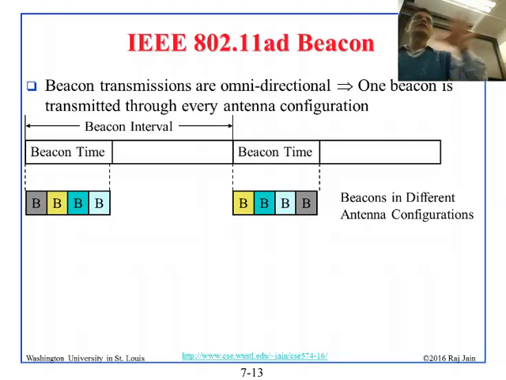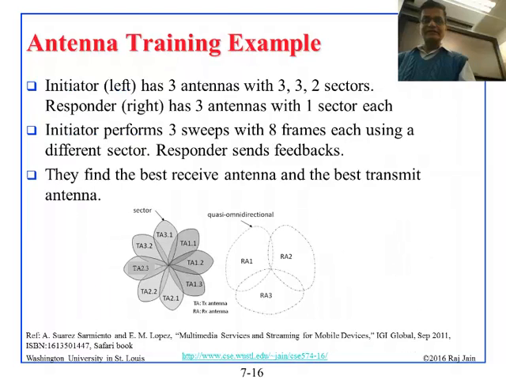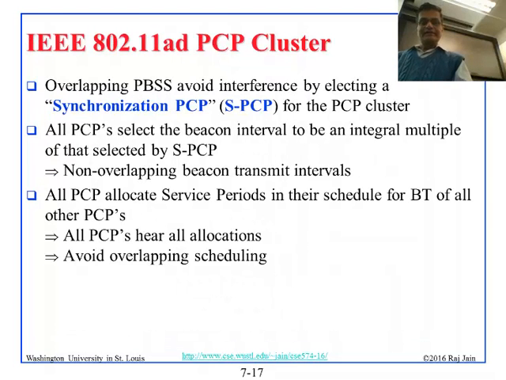So there's a lot of coordination required among PCPs for simultaneous transmission. And so all the PCPs hear other PCPs' allocations. That's what it means here when it says all PCPs allocate service periods in their schedule for beacon transmission of all other PCPs. Right?